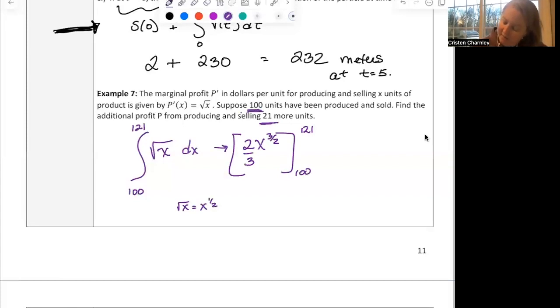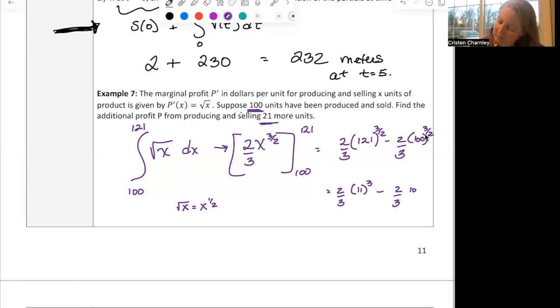So we have 2/3 times 121 to the 3/2 minus 2/3 times 100 to the 3/2. So 2/3 times the square root of 121, which is 11, cubed, minus 2/3 times, this was 100 cubed, or 10 cubed rather. What do we got? 2/3 times 11 cubed minus 10 cubed, whatever this works out to be.